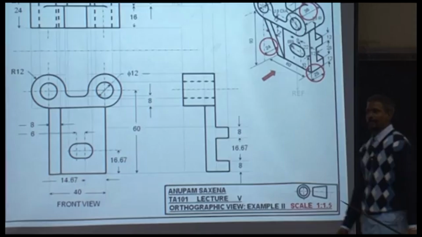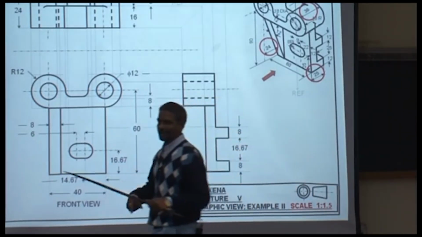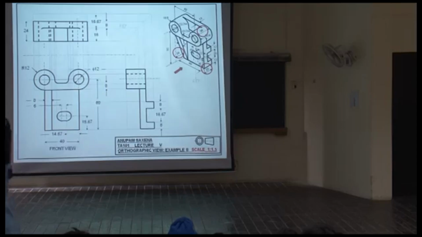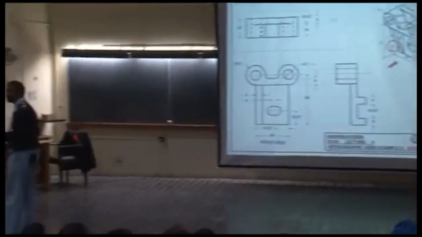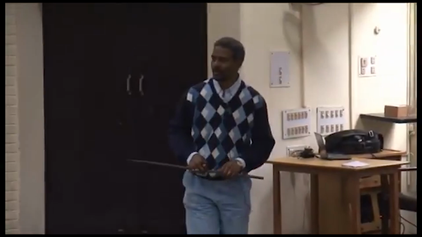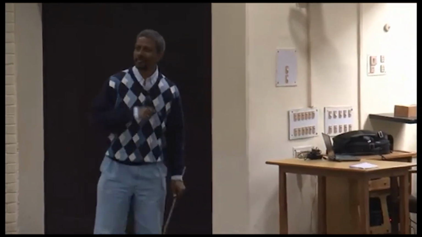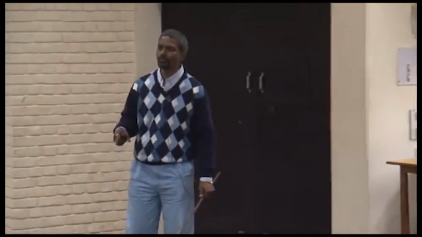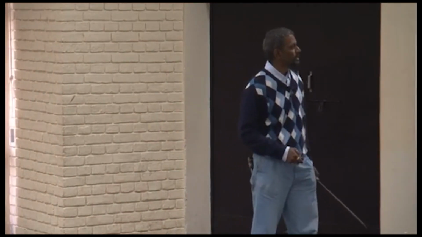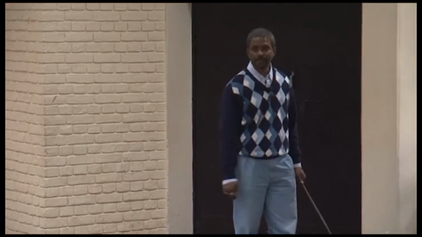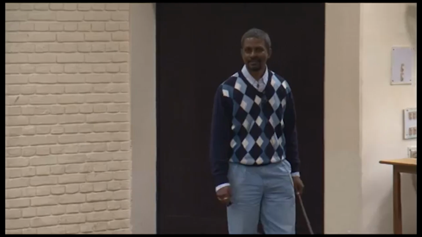Now, how are we doing this? We are sketching the front view in part, the top view in part, the side view in part, and going back to the front view. We are relating different features in all 3 views through projection lines, horizontal and vertical. So corresponding to this step here, there would be a dashed line in the top view.